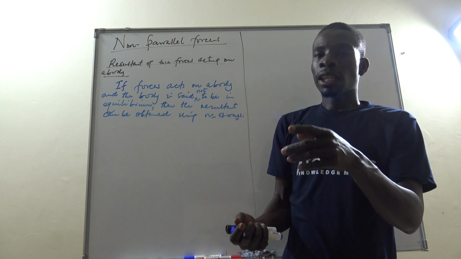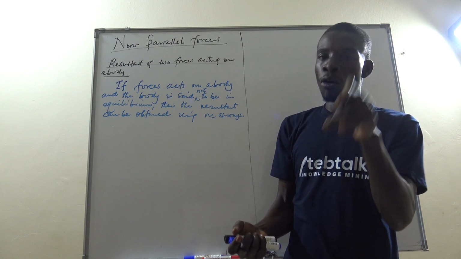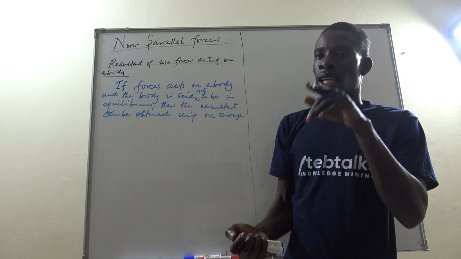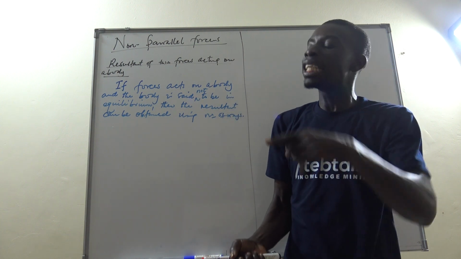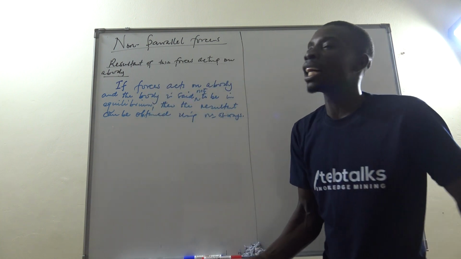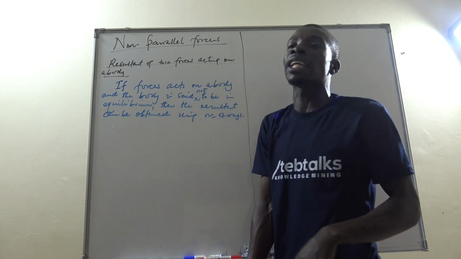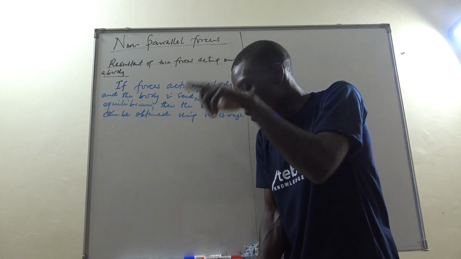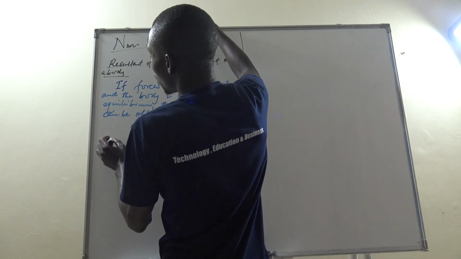And then that force that is going to cause movement can be obtained using a number of ways. How to get the resultant of forces, that is what we are actually meaning here: if forces have a resultant, then there are a number of ways you can get the resultant of the forces. One is what we are calling the parallelogram law.